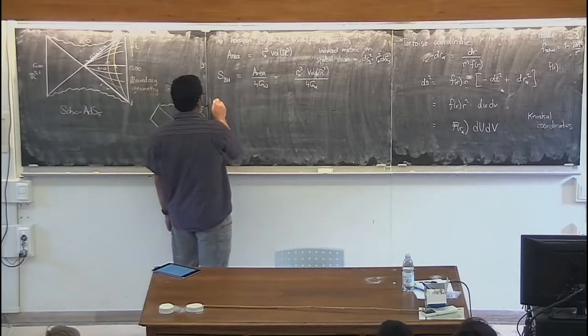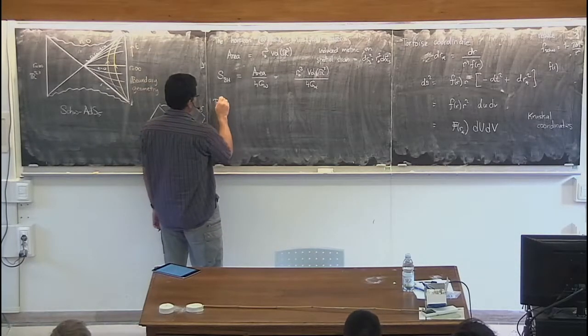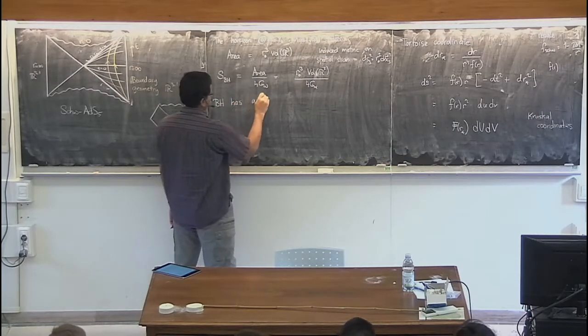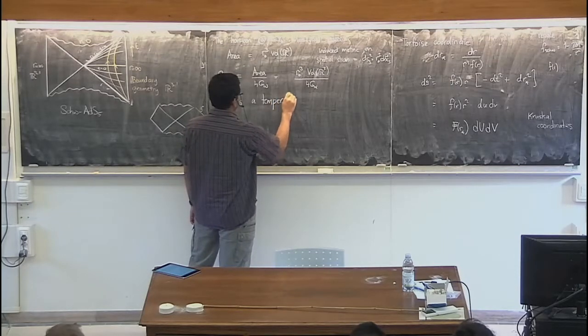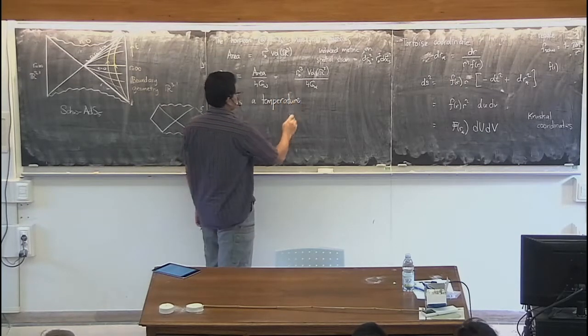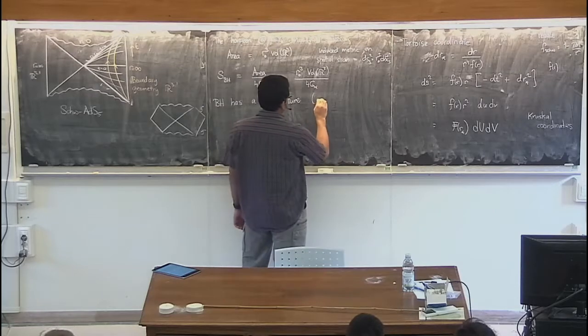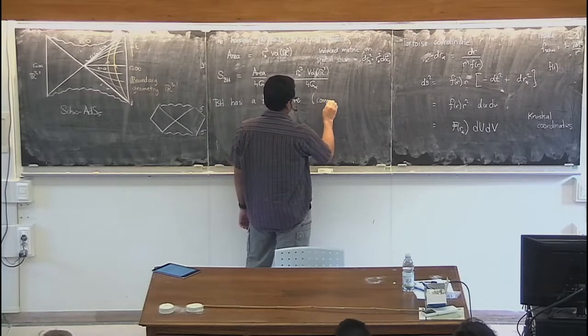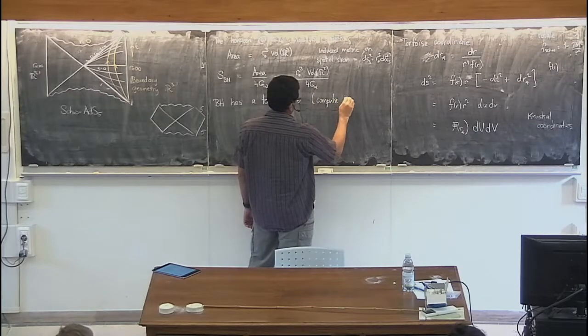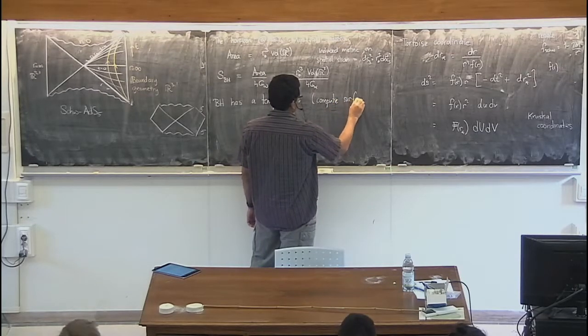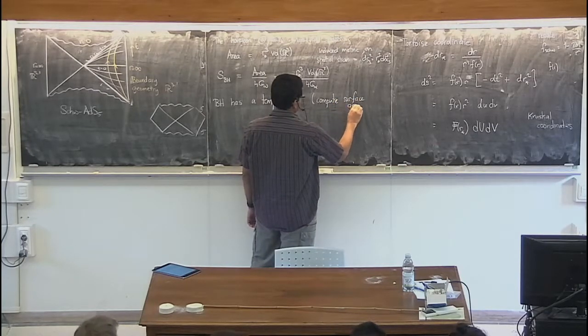Secondly, we know that the black hole has a temperature, which you can determine either by computing the surface gravity or doing the trick of working in Euclidean space, which I will do.